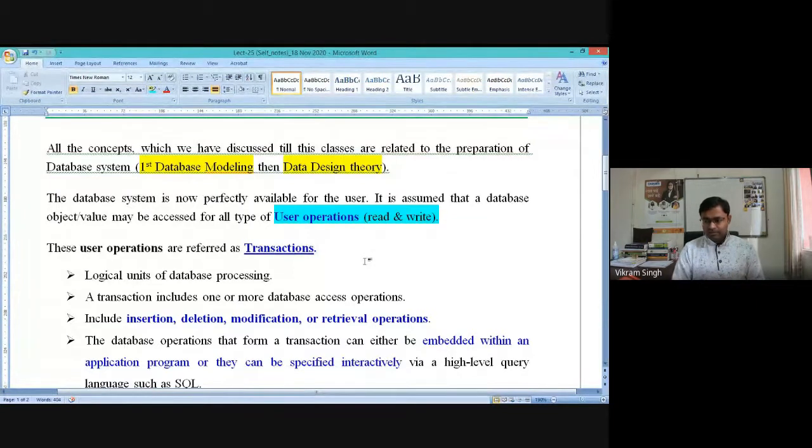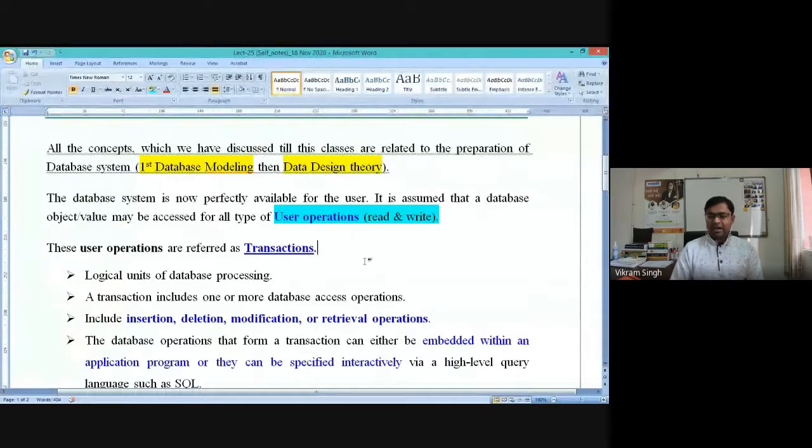The user will be accessing his account details, the amount of money available in his account, the number of seats available for a particular source and destination within trains, or the list of available flights and their seats.